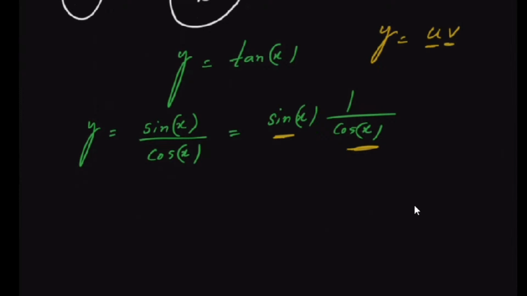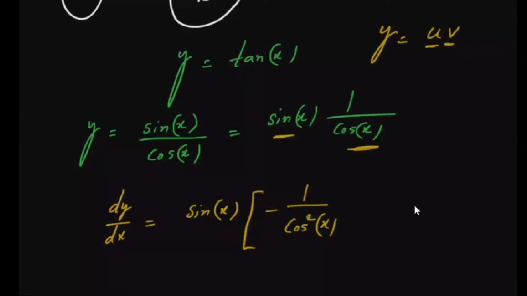So what is dy by dx? Use product rule. You keep sin x as it is, and you take out the derivative of 1 by cos x. Now 1 by cos x is not a function whose derivative we already know. It's like 1 by x, right? So derivative of 1 by x is minus 1 by x squared, but in place of x, what do you have? Cos x. So I will write 1 by cos square x.